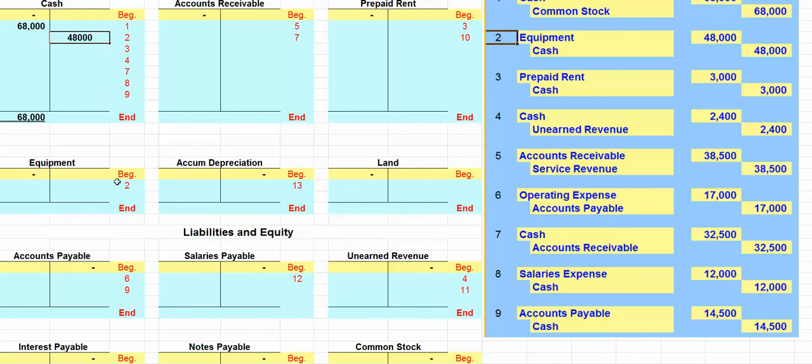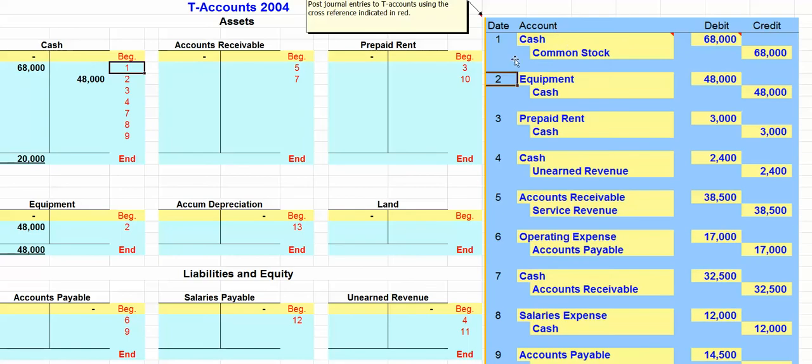So we have a credit to cash and a debit to the equipment account. Notice the transaction numbers here. This would be our cross-reference to the general journal. The first transaction, cash, would have been transaction number 1 in our general journal. The second transaction in our ledger account for cash would be transaction 2.